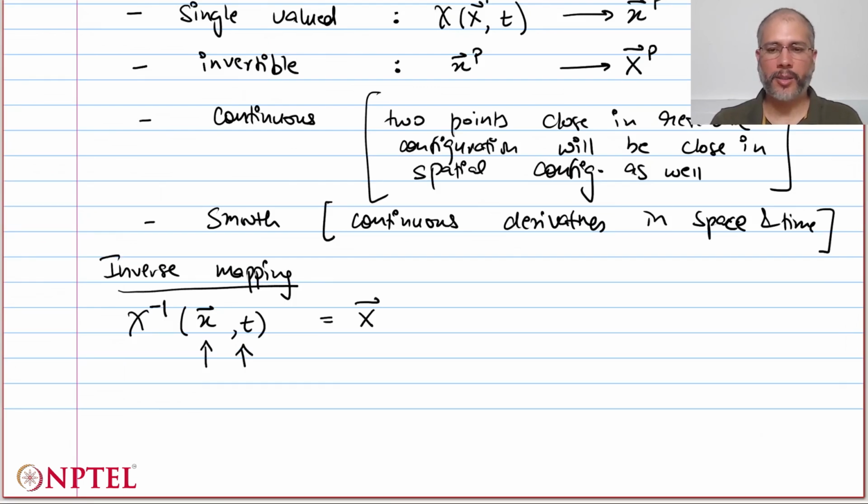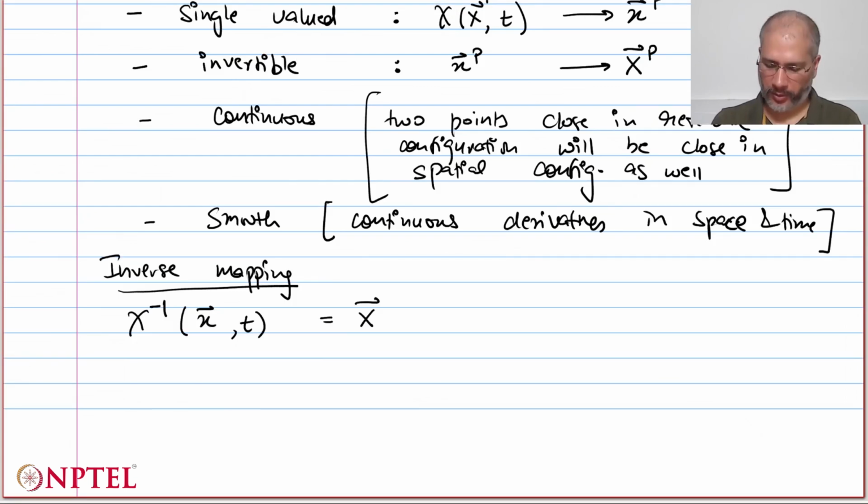Given a particle's position at time t, you will get its original position in the reference configuration. So this chi-inverse function lets us trace back the particle in time to its original or reference configuration. Mathematically speaking, the inverse function will exist if the Jacobian determinant for this transformation is non-zero.